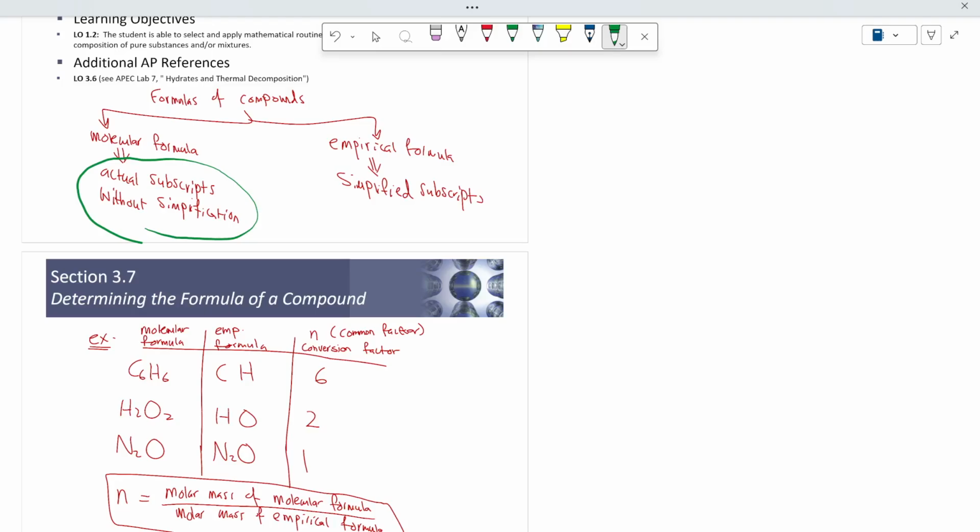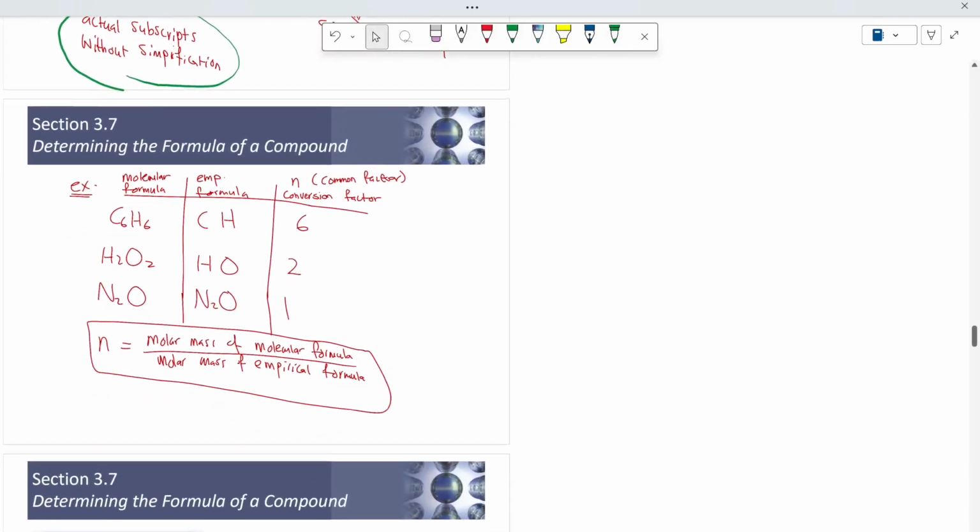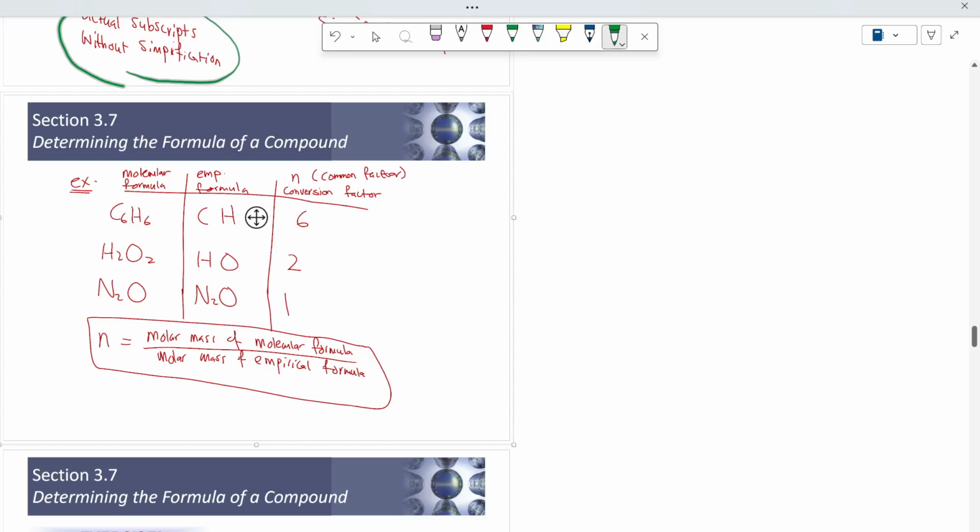What do we mean by that? Here we have some examples. For example, benzene has a formula of C6H6, and this is the molecular formula of benzene because it's not simplified. By simplification, I mean finding the common factor between the two subscripts. Here 6 and 6, so we can simplify them to 1 and 1.